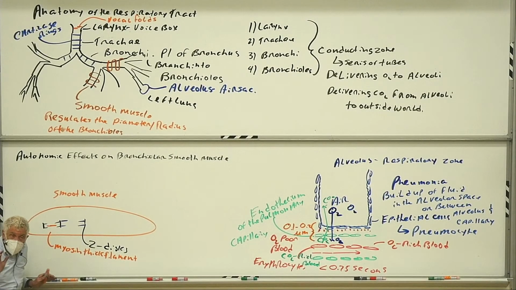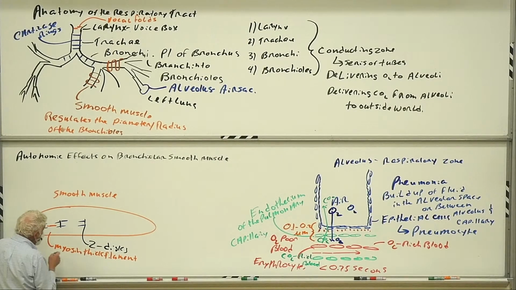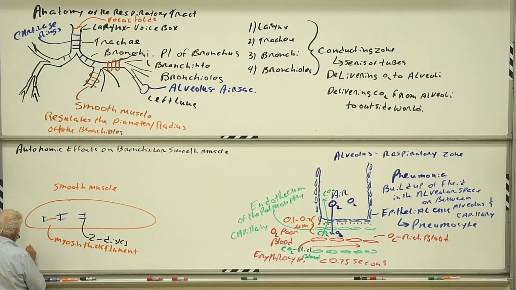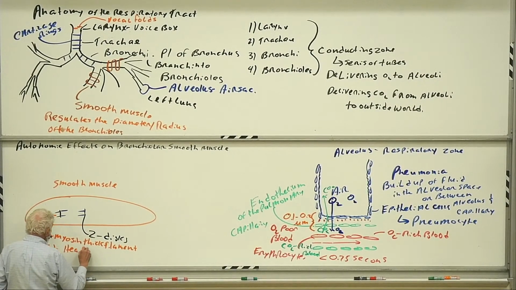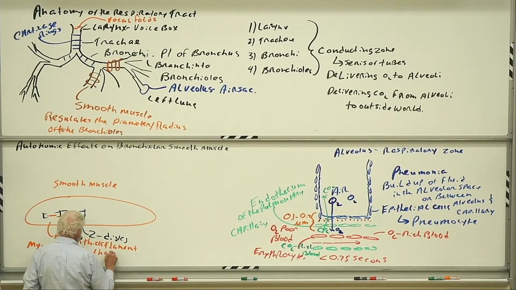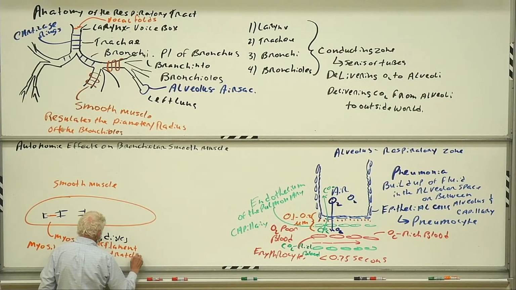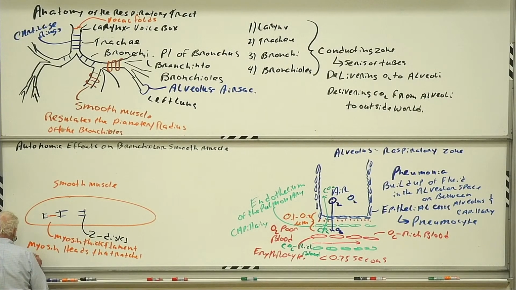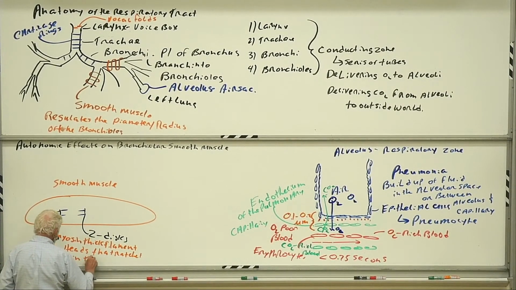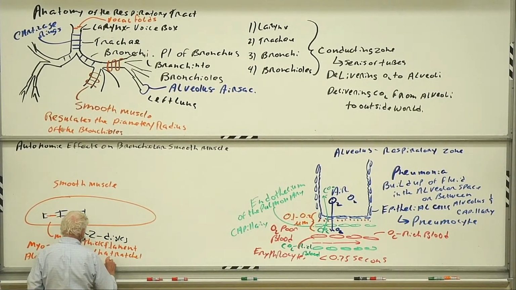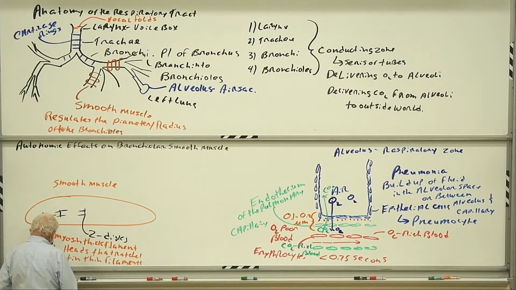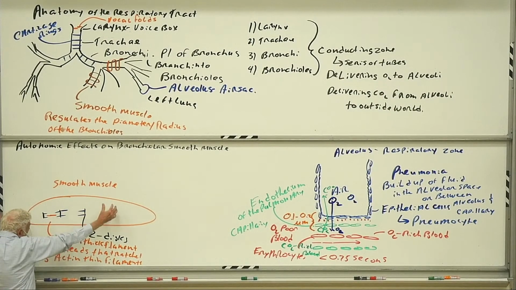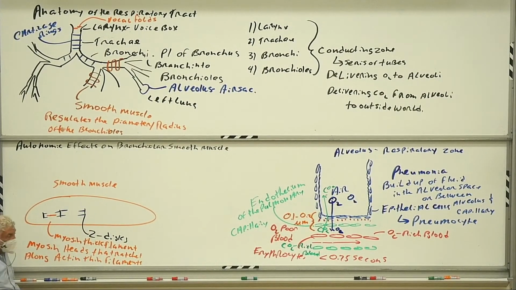But the long and the short of it is still the same, that the myosin thick filaments will have myosin heads that ratchet along actin thin filaments. So they're going to be ratcheting along these thin filaments. They're going to cause the muscle to contract.